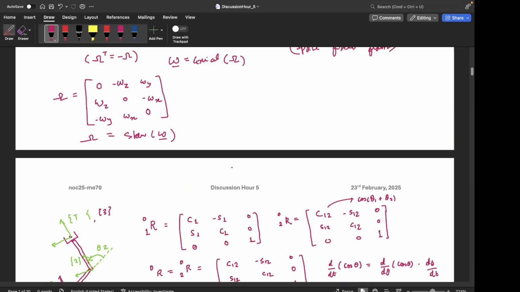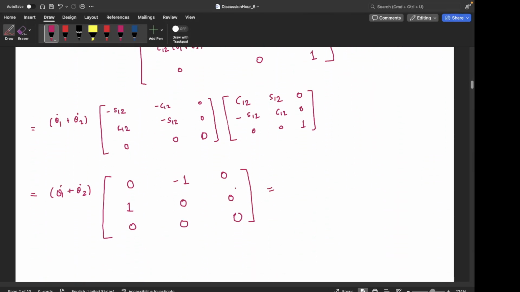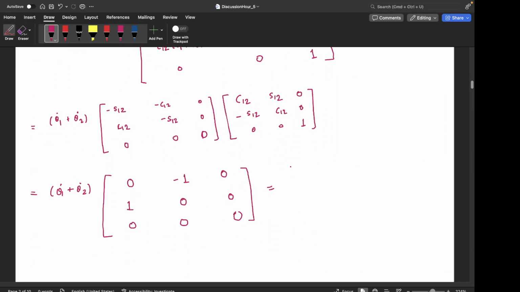Okay, so if you compare, the matrix that you have got here is 0, minus theta 1 dot plus theta 2 dot, theta 1 dot plus theta 2 dot, 0, 0 0 0 0 0.